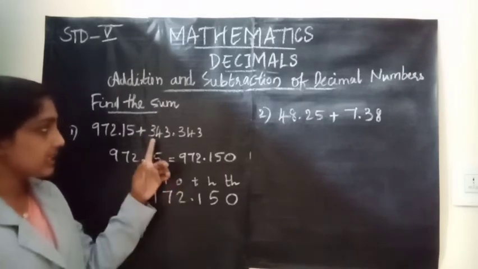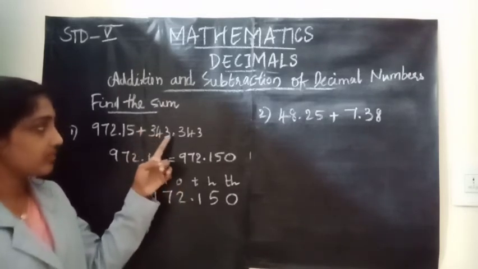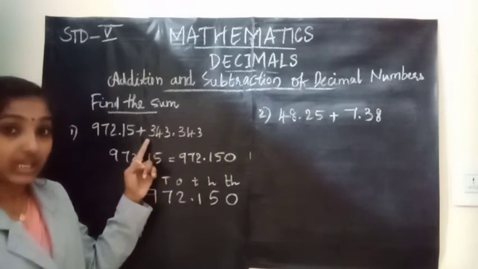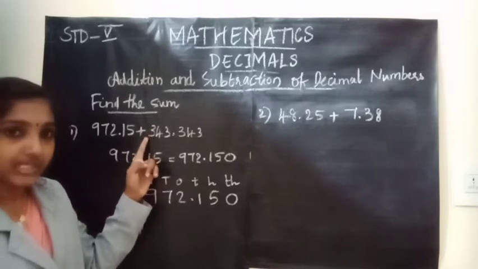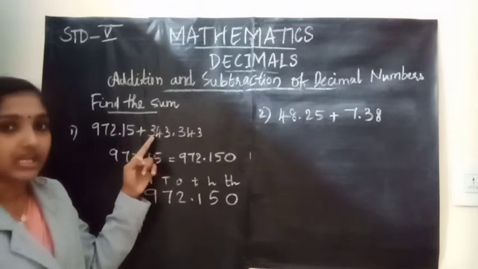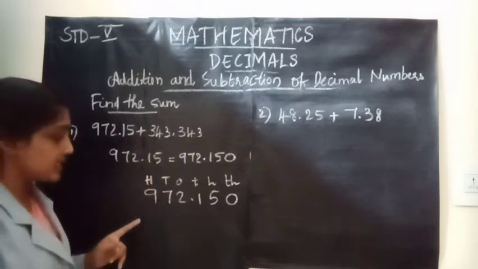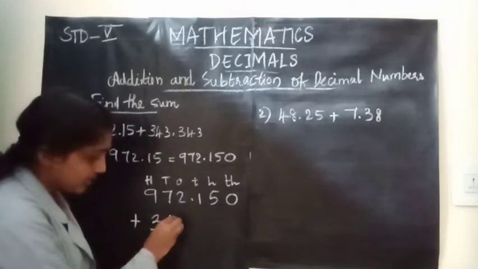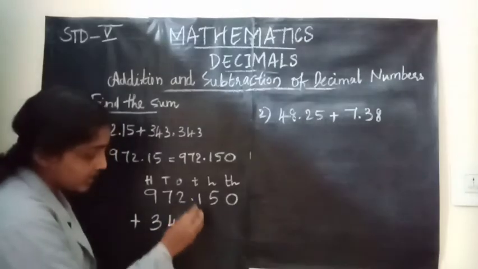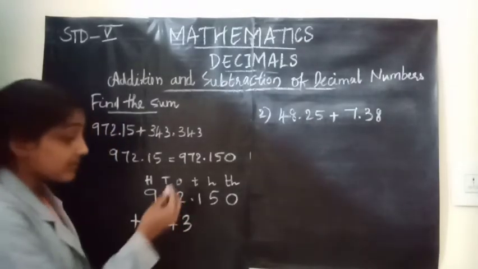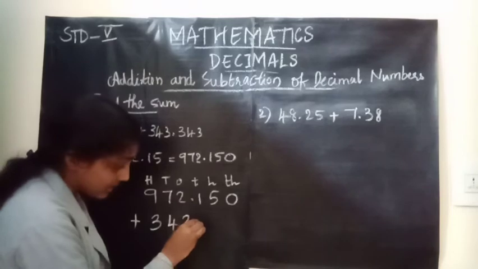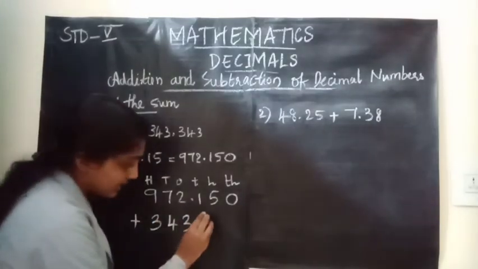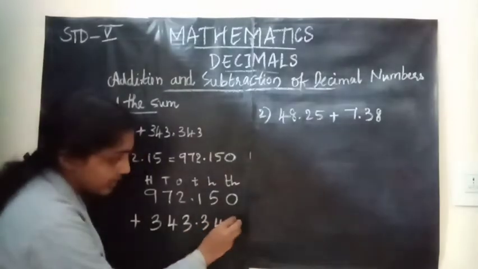And writing the next number, it is 343.343. It's 343, starting from the hundreds place, right? In the whole number part, it has up to the hundreds place. So we can write 343, then comes our decimal point, then 3, 4, 3.